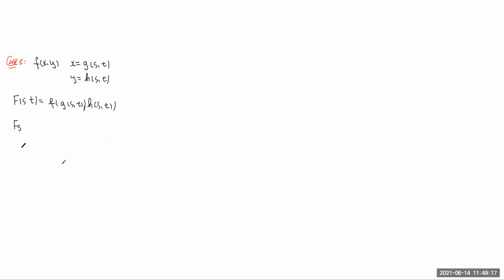let's first analyze it. We have z, this is f, it's a function of x, y, and then we have s, right? So f_s should be f_x, x is g_s, plus f_y h_s.